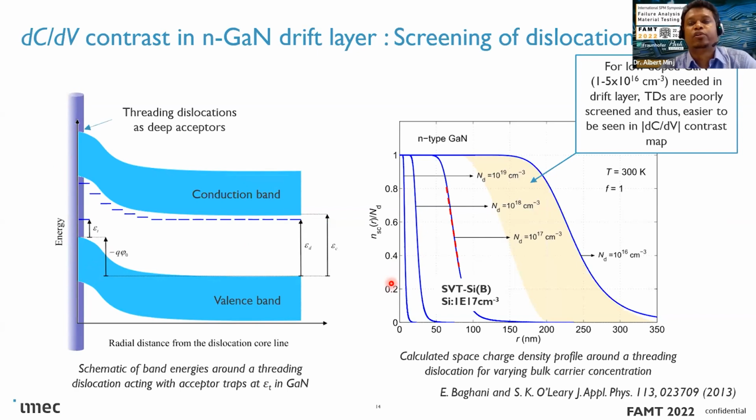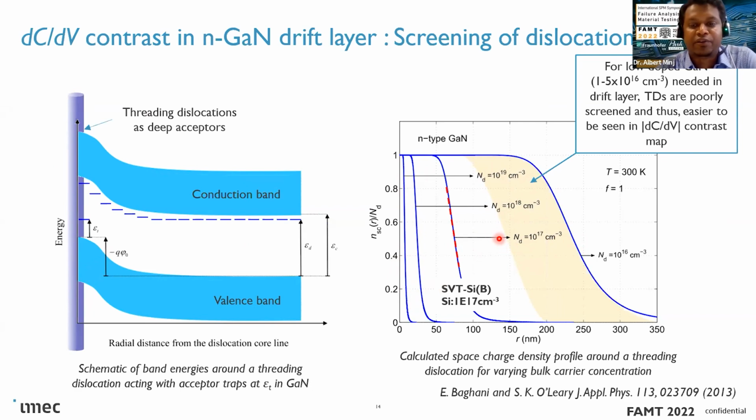And this was done for different doping concentrations in the background, mainly N-type, going from 1E19 per centimeter cube to 1E16. So most of our 4E16 or 3E16 per centimeter cube falls somewhere here. As you can see, the moment we go from 1E16 to 1E17, the dislocations are effectively screened by the background carrier concentration.